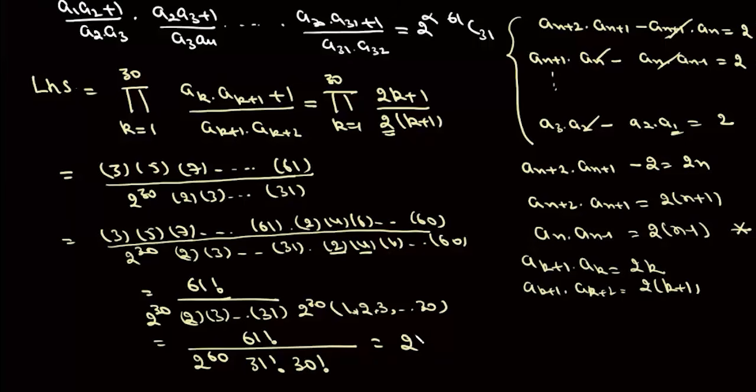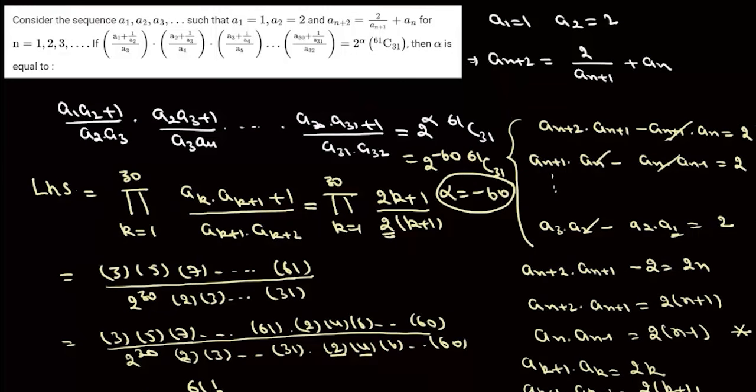So it'll be this 2 to the power minus 60, 61C31. So this result is equal to 2 to the power minus 60 times 61C31. So that means the value of alpha is minus 60. So for this question, the value of alpha is minus 60.